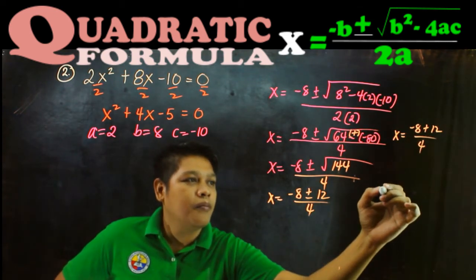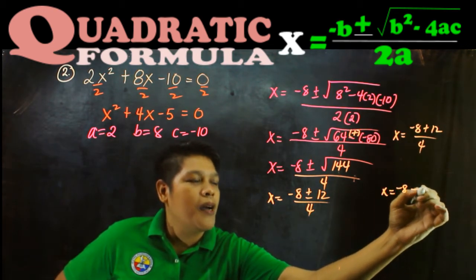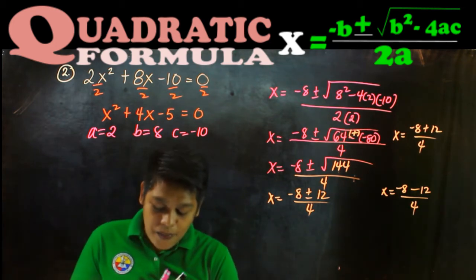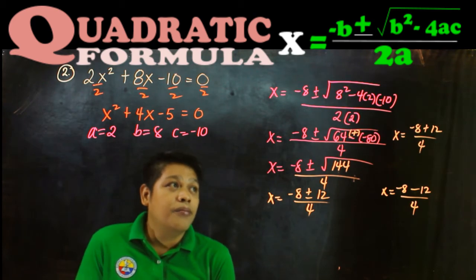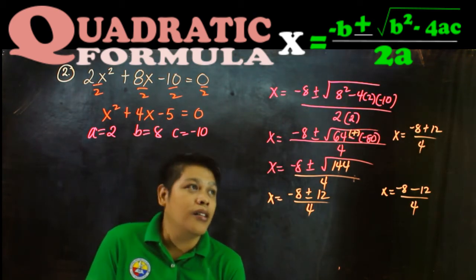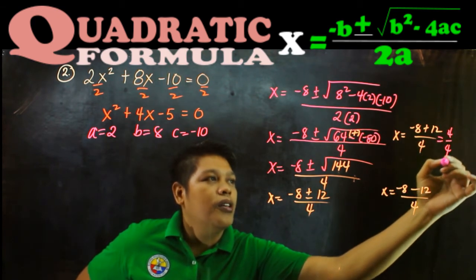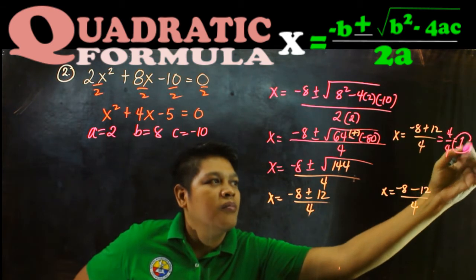Isa naman, x equals negative 8 minus 12 over 4. So, sisimplify lang natin yan, no? Negative 8 plus 12 is positive 4, no? So, ito ay positive 4 over 4. So, ito ay magiging 1, no?